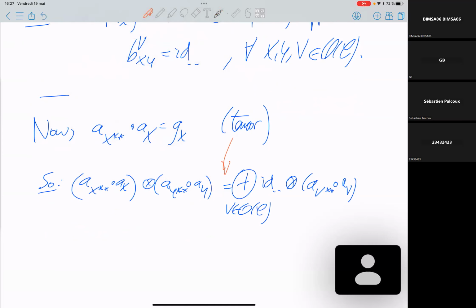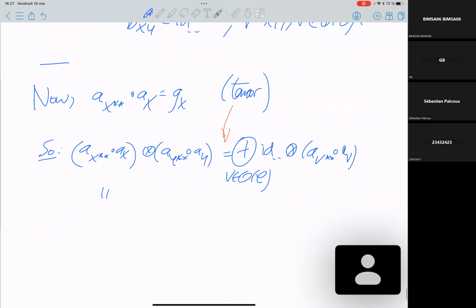Like that. But you can develop it in another way.